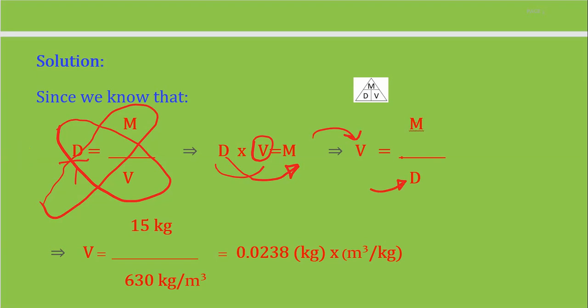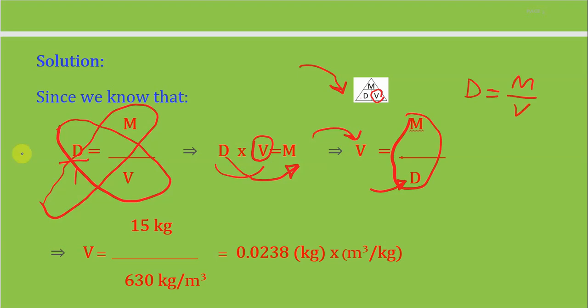Or there is a triangular technique. You can use this triangular technique. You have to find out v. So v equal to m over d. You can remember this triangular formula and you can use it in this way. Whatever the method you think is easy for you, you can use that method. So first method was just rearrange it.